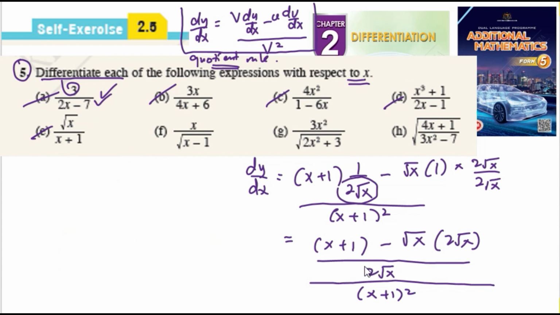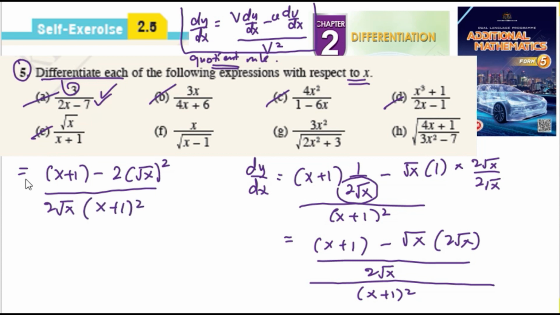So you see here, when you divide and you divide again, it will become x plus 1 minus 2 square root of x squared divided by, this one will go down, 2 square root of x times x plus 1 squared. So you see here, square root and square can be cut off. So you get x plus 1 minus 2x divided by 2 square root of x times x plus 1 squared.